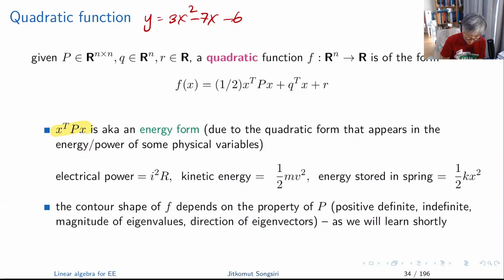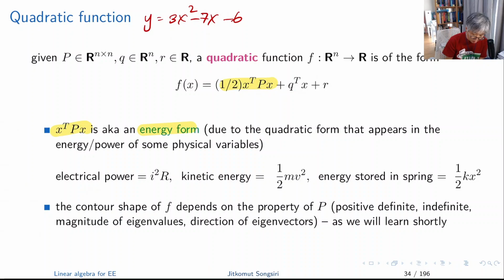This term is also known as the energy form because what we see in physics and real-life applications is that a quadratic function a lot of the time represents power or energy.